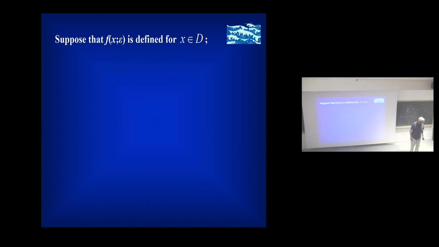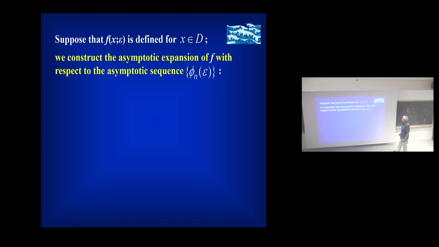Okay. Now we need to start thinking about what's happening to the x. Let's suppose that we are given a function and it is defined in some domain. And we then, for any fixed x, construct an asymptotic expansion. So I'm given a function for x in some domain. I then choose, or am given, a particular asymptotic sequence.